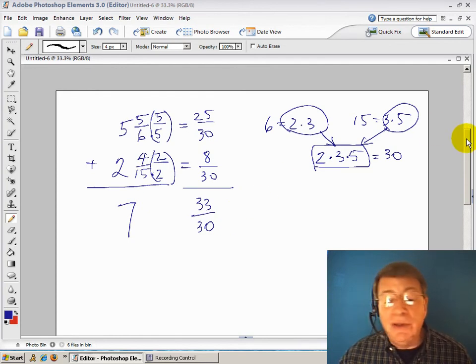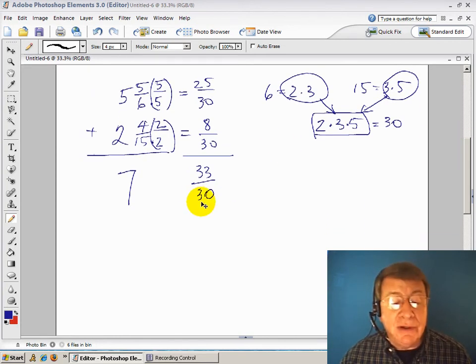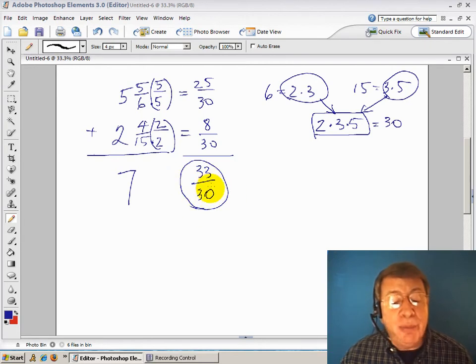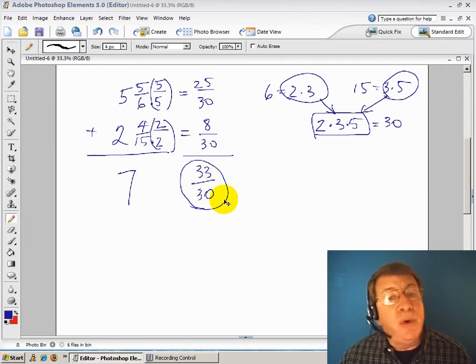Now, unfortunately, we have a little concern here. This number here is an improper fraction. There's nothing wrong with using an improper fraction, but the 7 makes it wrong. You can't have mixed numbers and improper fractions in the same problem. So since we've already got a mixed number going, let's try to make 33/30ths into a mixed number.